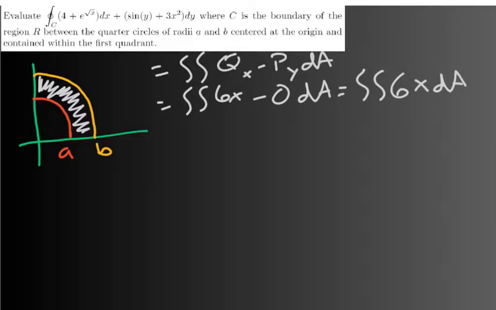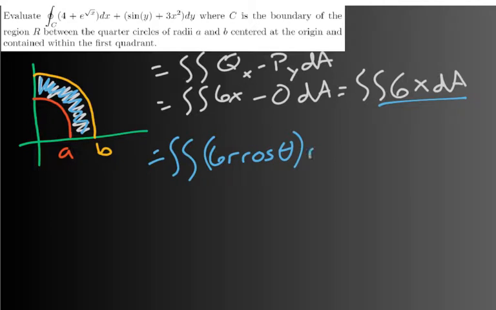If you were going to do this double integral over this region, I would convert to polar, because it's a perfect setup for polar. Converting to polar, you're going to have 6r cos theta, and then you multiply by the Jacobian, r dr d theta.